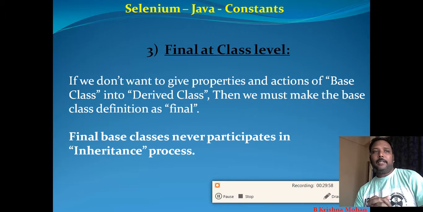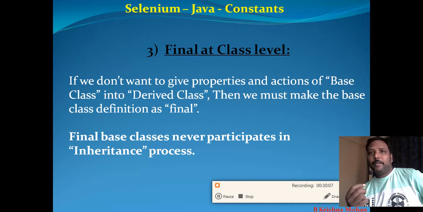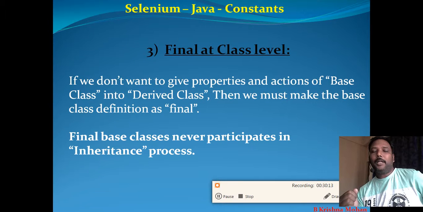Next, if you make a method final, then that method cannot be overridden. And if you make a class final or constant, then that class cannot be inherited. That's the conclusion for this.